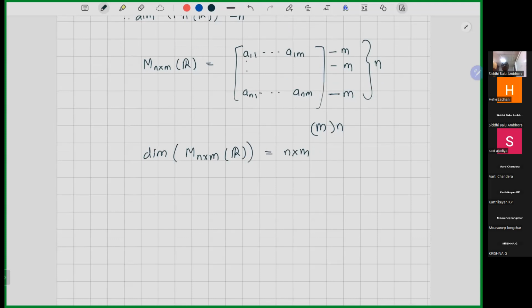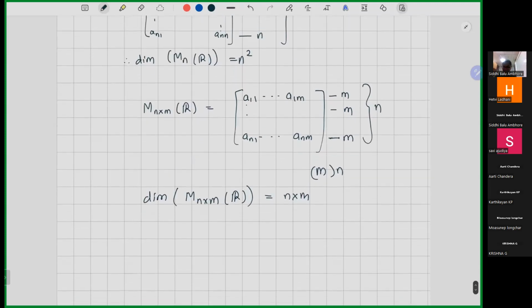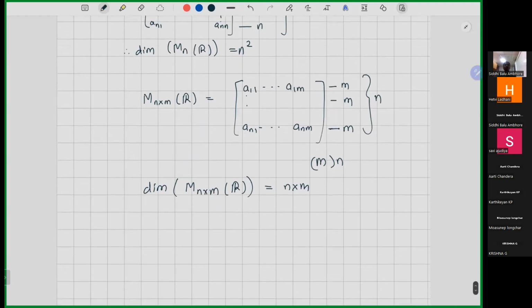In case of rectangular matrices, yes, it will be n into m. Is it clear now? All the possibilities of components we have, similarly will be the dimension in this case.